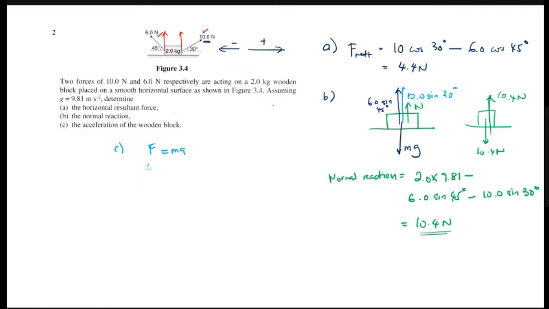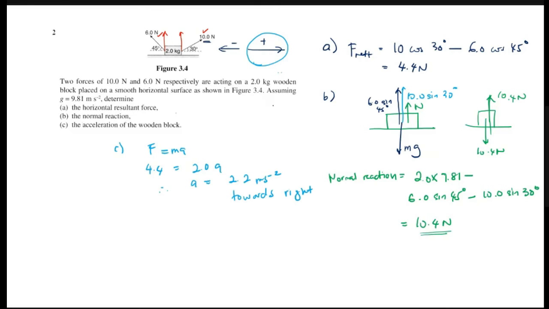And 4.4 equals 2.0 times A. So acceleration A equals 2.2 meter per second squared. And it is towards the right, because we already stated towards right is positive. Okay, done with question number 2.